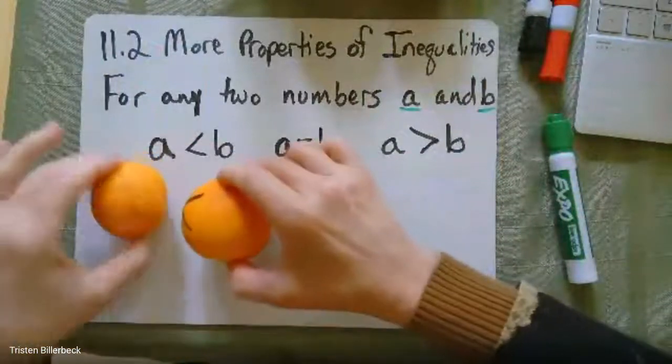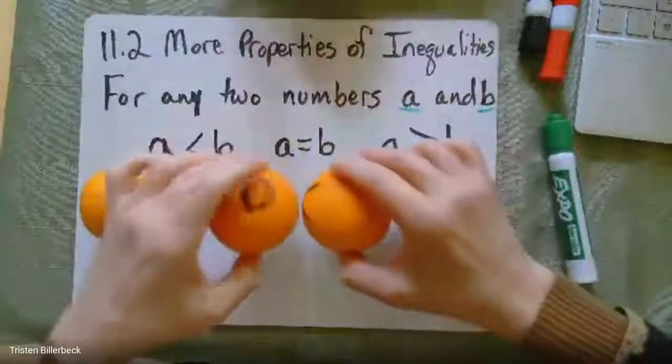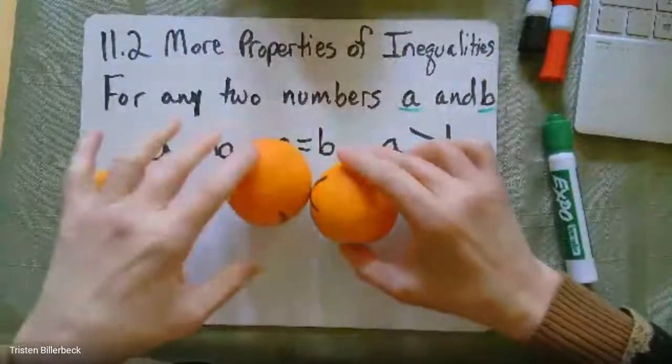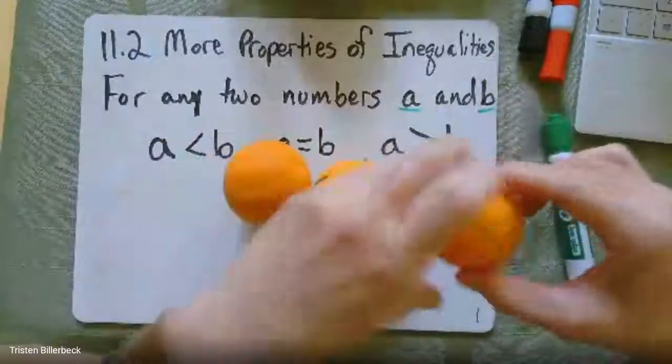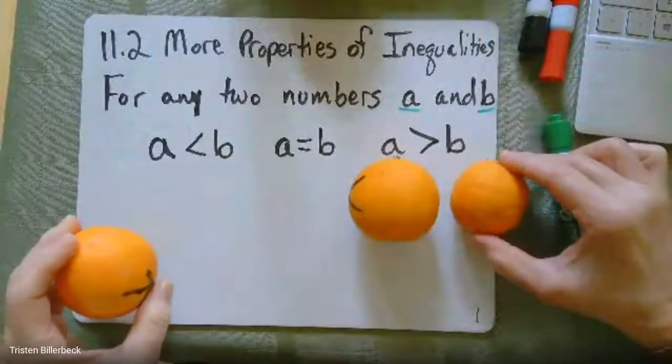A can either be less than B, A can equal B, or A can be greater than B. Okay, those are our cases.